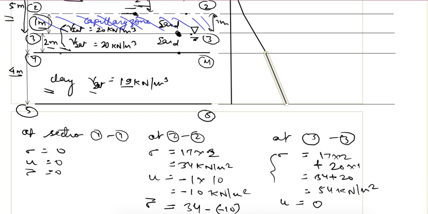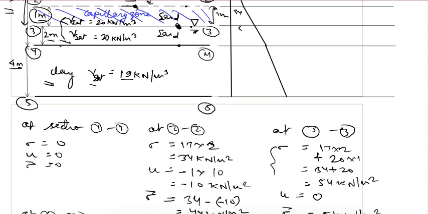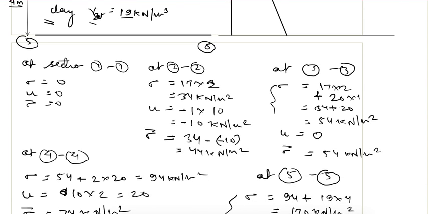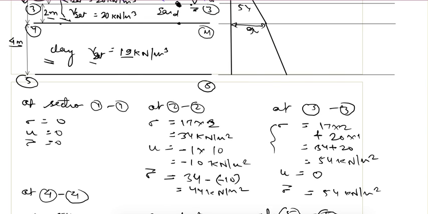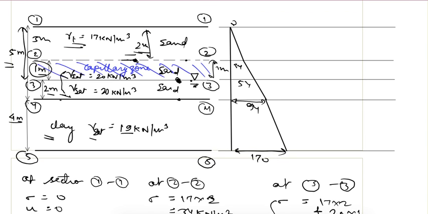If we want to write the values, it is 0, then 34 here. At section 3 it is 54, then at section 4 it is 94, and at last it is 170. Now the pore water pressure diagram.